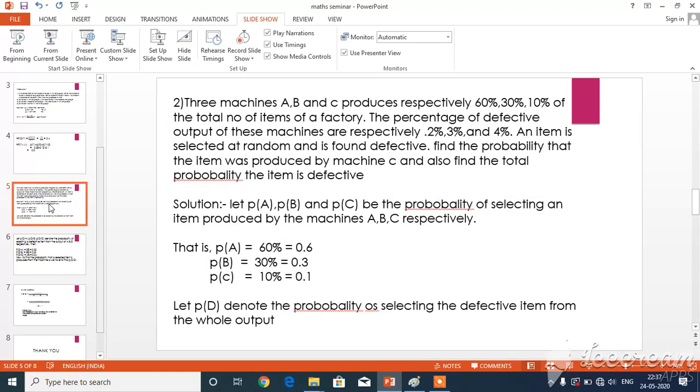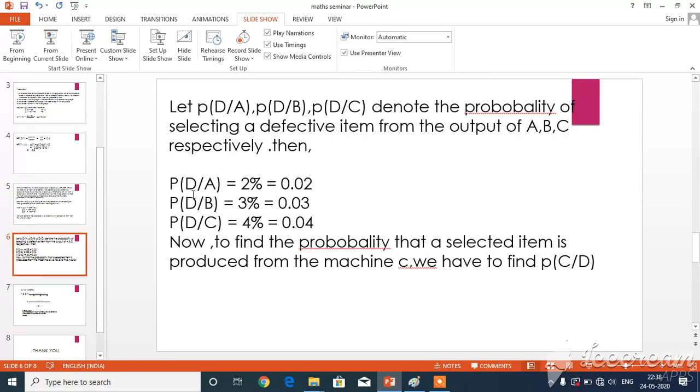They have given that 2% and 3% of items are defective, so P of D over A is 0.02 and P of D over B is 0.03. Converting to fractions, P of D over C is 4%, so 0.04.